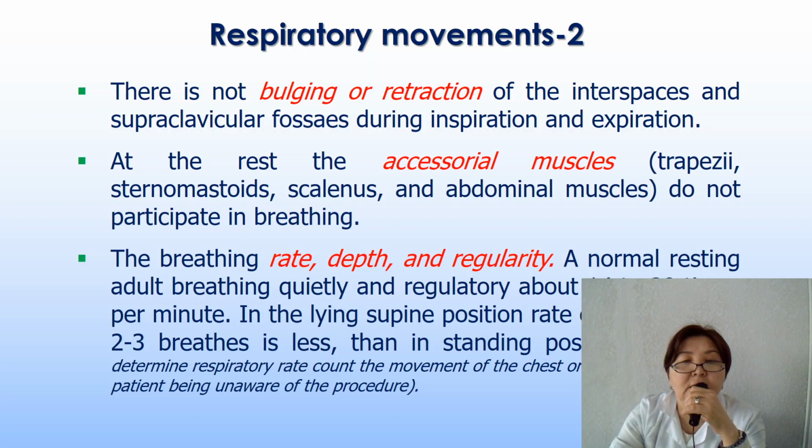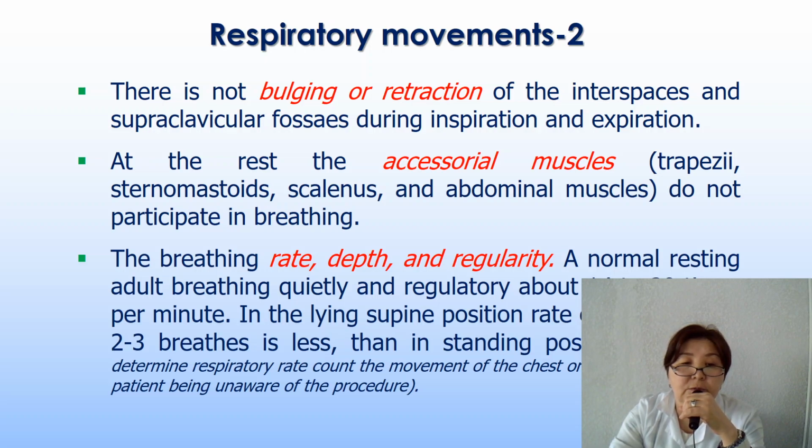The breathing rate, depth, and regularity. A normal resting adult breathes quietly and regularly about 14 to 20 times per minute. In the lying supine position, the rate of breathing is 2-3 breaths less than in standing position.